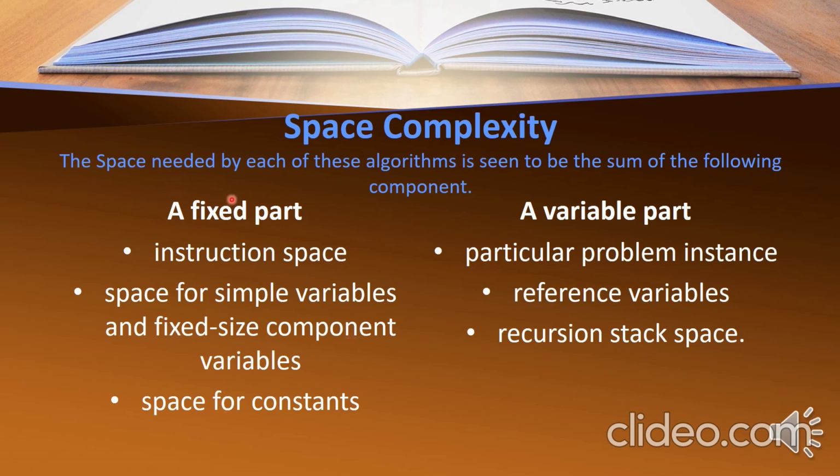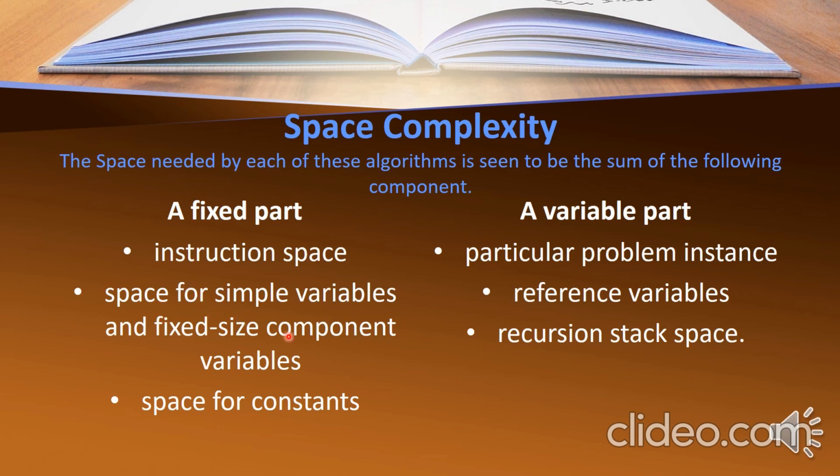The space needed by each of these algorithms is seen to be the sum of the following components. Let's understand how to calculate space complexity. Space complexity is the sum of the fixed part and the variable part. The fixed part is the instruction space, that is, the space occupied by the instructions used in the program or algorithm.